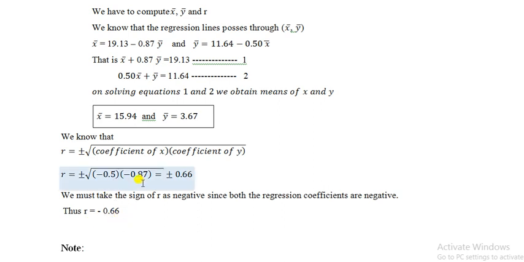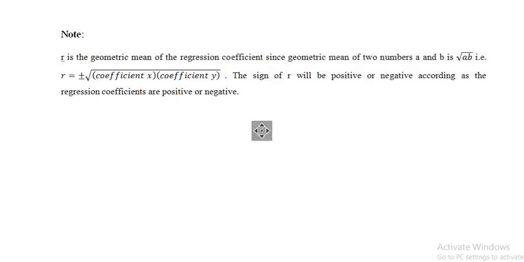Suppose if x and y coefficients are both positive, then the r value is also positive. Note, r is the geometric mean of the regression coefficients, since the geometric mean of two numbers a and b is the square root of ab, that is r equal to plus or minus the square root of the coefficient of x times the coefficient of y.